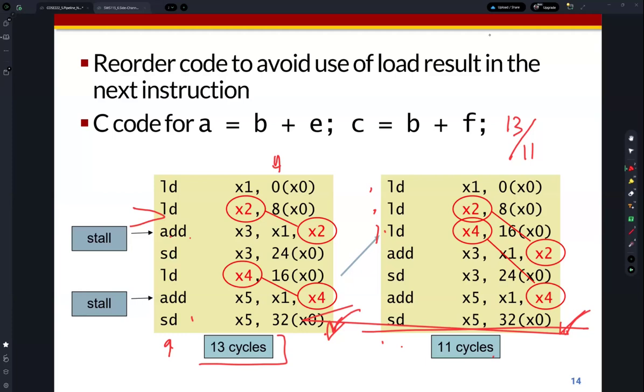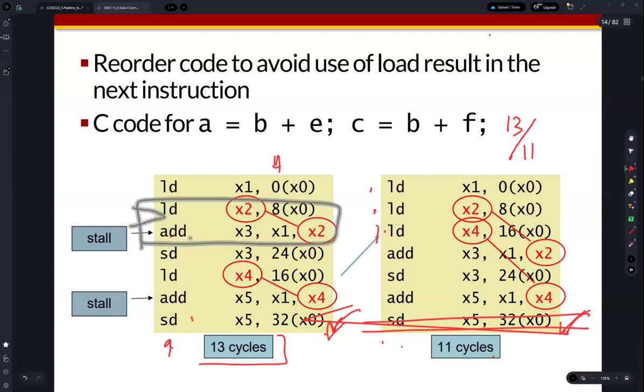So what can you observe? Actually, we can avoid the load use hazard, right? By applying compiler optimization, which applies the reordering of the instructions, using this rescheduling of instructions, we can avoid data hazards.